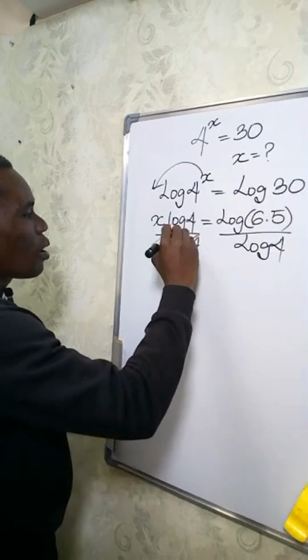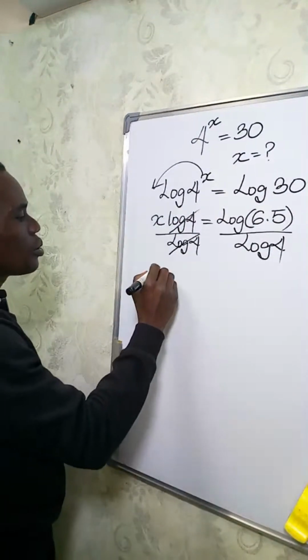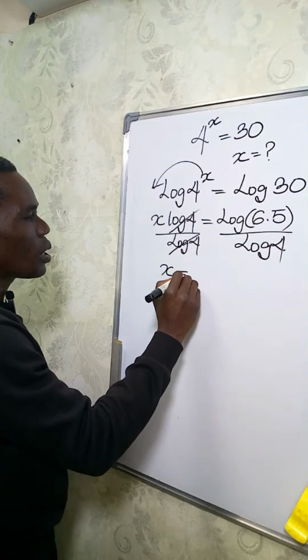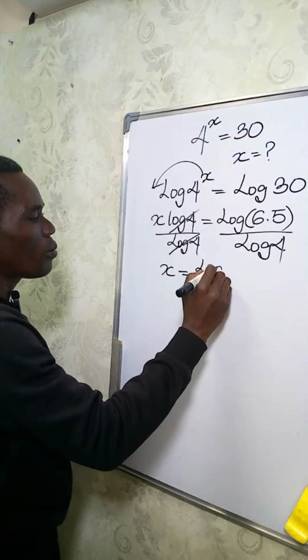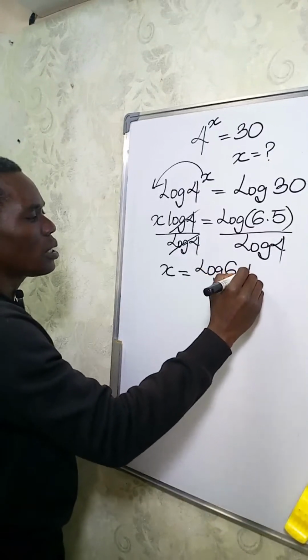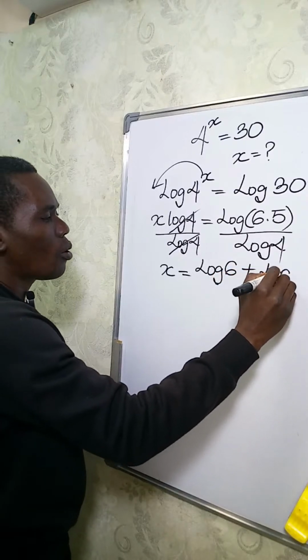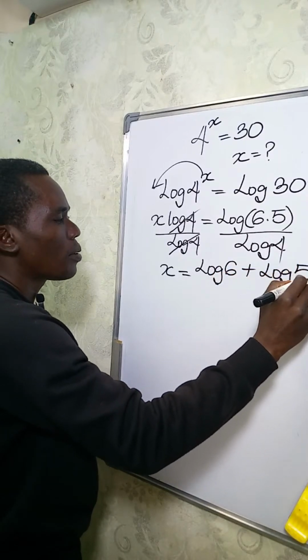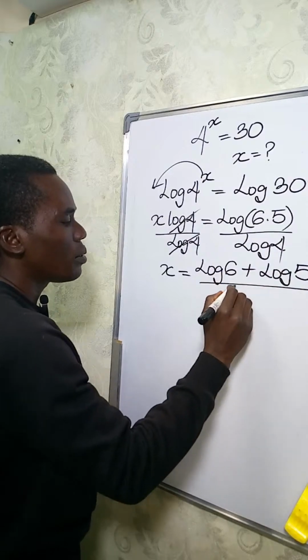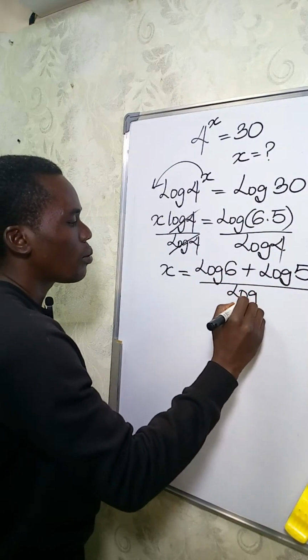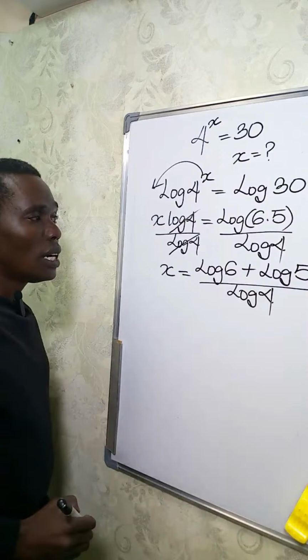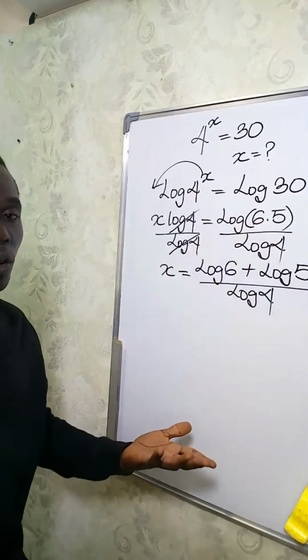While the log of 4 cancels out the log of 4, we're going to have our x now equal to the log of 6 plus the log of 5, and all of these will be divided by the log of 4. Now remember the multiplication law of logarithm.